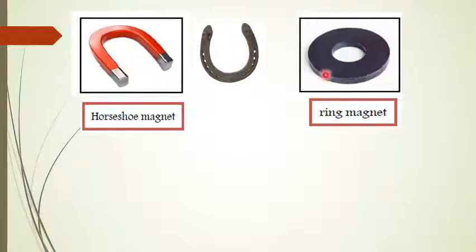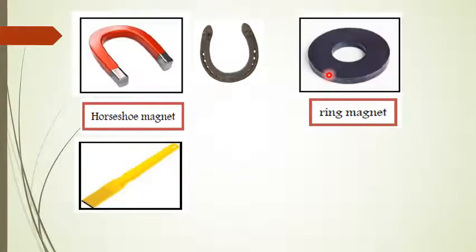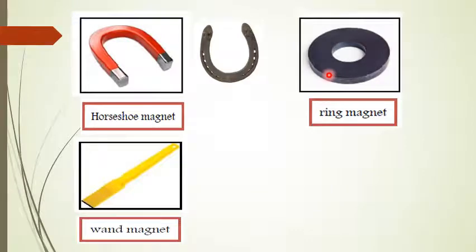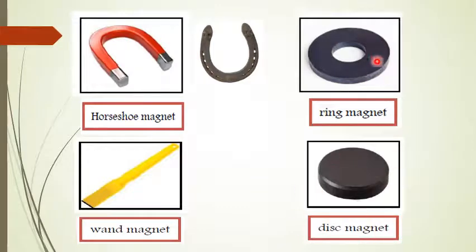They use for those bags the ring magnet, and another type of magnet I'm going to show to you. But first I'm going to show you this type of magnet, which is called the wand magnet. Yes, because it looks like the magician's wand, and that's why they call it this way. And this is the second type that I was telling you about, along with the ring magnet, the disc magnet.